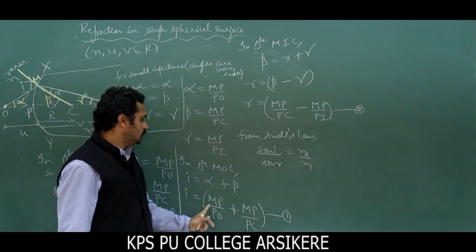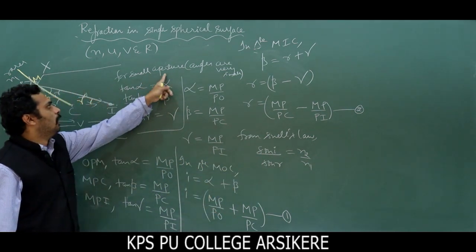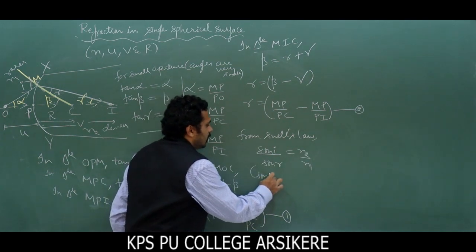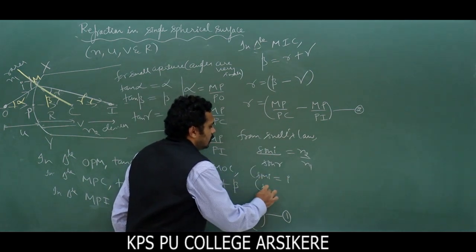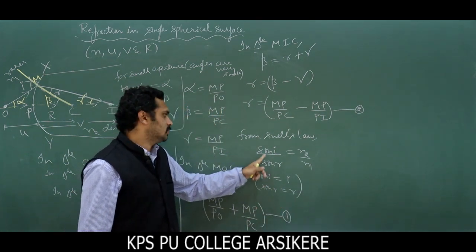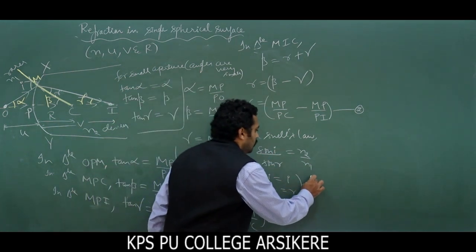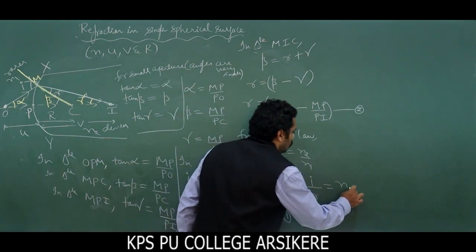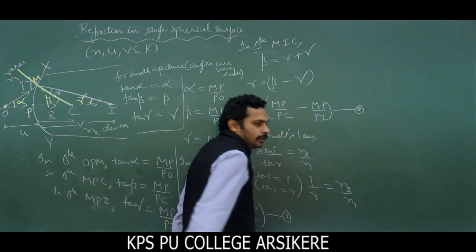But here we are using a small aperture. For small apertures, angles are small. Then I am going to write sin I is equal to I, sin R is equal to R for small apertures. In the place of sin I and sin R, I by R is equal to N2 by N1.